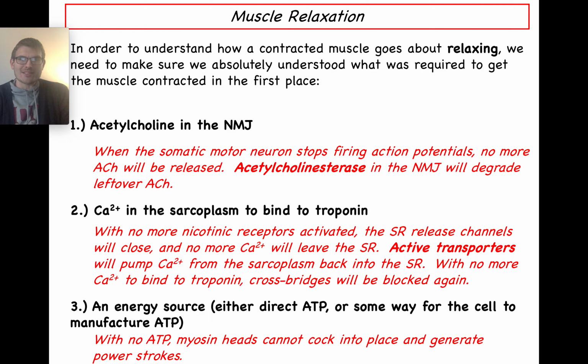Specifically, as we're going to see, if you don't have any ATP, you're actually not going to be dealing with a totally relaxed muscle. It's actually going to be quite the opposite. So this is the one thing, number 3 here, that doesn't quite jibe with the other two, but we will make some sense of that here in just a little bit.